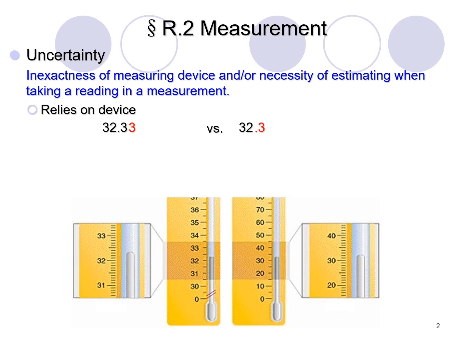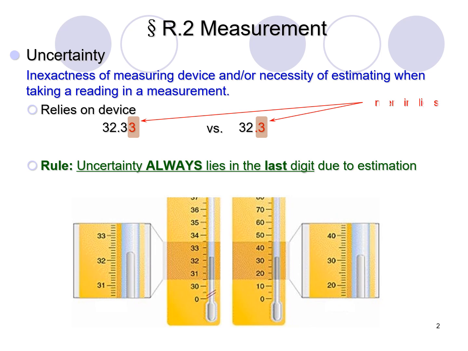So now that we have established that we can have our last digit from our estimation or inexactness of a measurement, we call it the uncertain digit. And there's a rule about it. The rule says uncertainty always lies in the last digit.